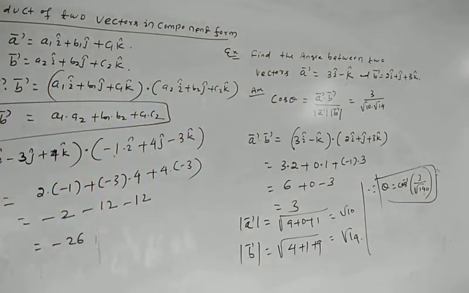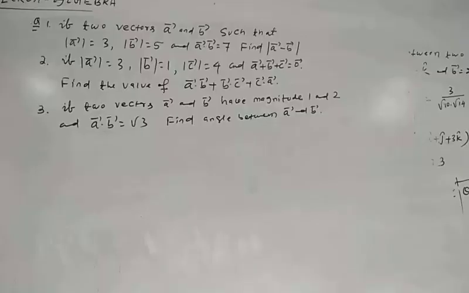So if we ask the angle between two vectors, then in such a case you have to find theta equal to cos inverse a vector dot b vector by a vector magnitude into b vector magnitude. One question: if two vectors a vector and b vector are such that a vector magnitude is 3, b vector magnitude is 5, a dot b is equal to 7, then find a vector minus b vector magnitude.